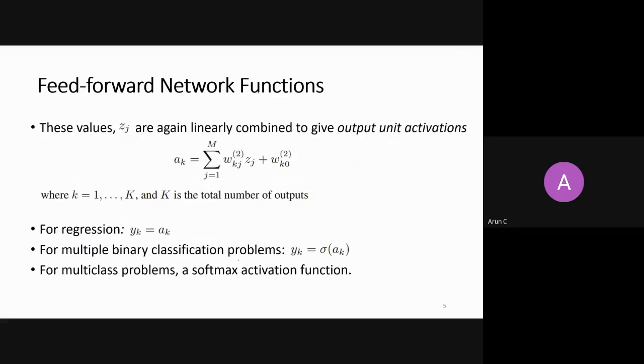Finally, the second layer can also be written like this, for my output layer, right? If it is a regression, I can take my output exactly as ak. I should not apply any nonlinearity if it is a regression, because if you use sigmoid, it will sandwich the number between 0 and 1.